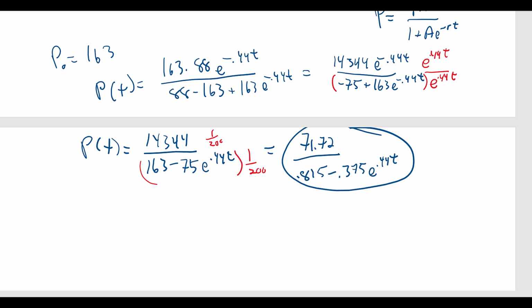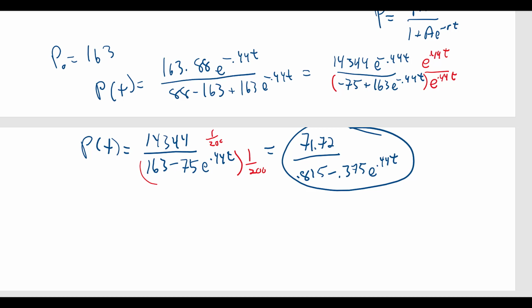The last part of this question asks for the time, or as t goes to infinity, what would this population be? Or find the time such that P of t goes to infinity. So when is this going to increase without bound?